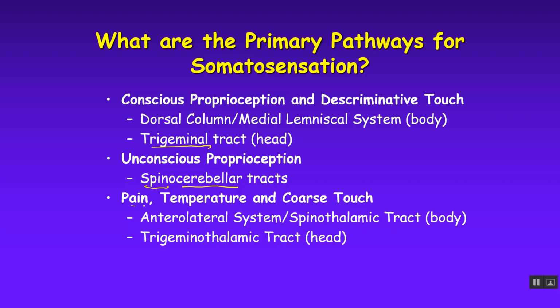Then we have pain, temperature, and coarse touch. Those modalities of sensation are carried, for the body, on the anterolateral system / spinothalamic tract. Okay. And then for the head, it's the trigeminothalamic tract.